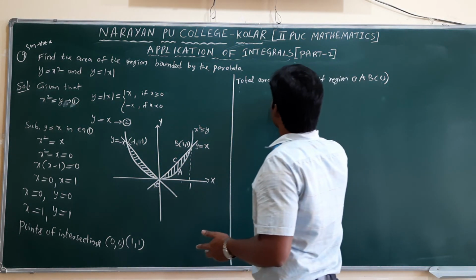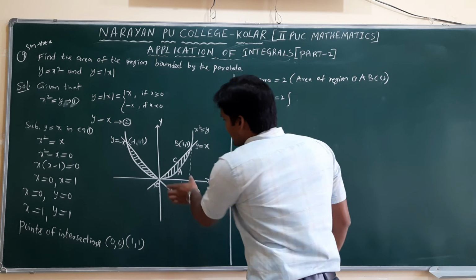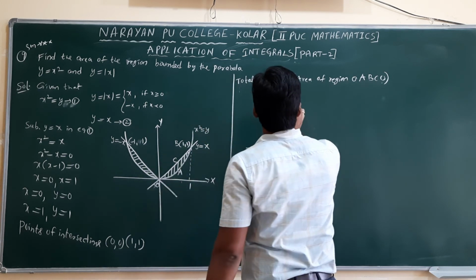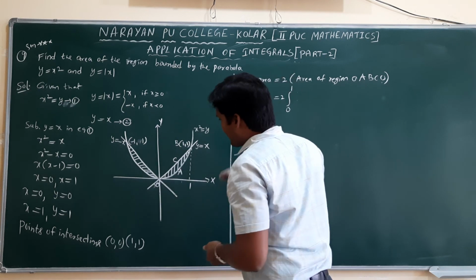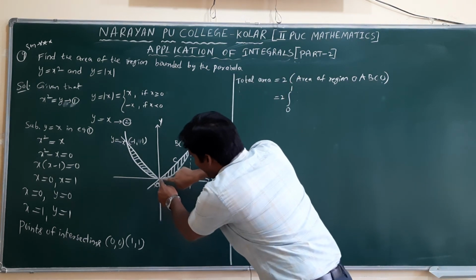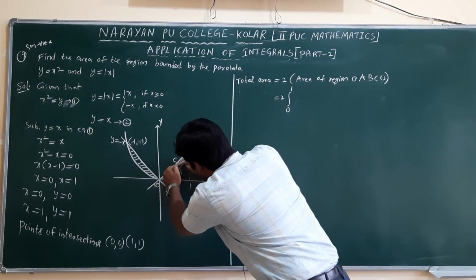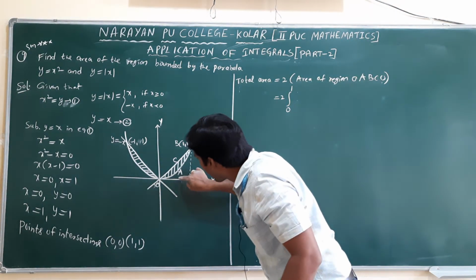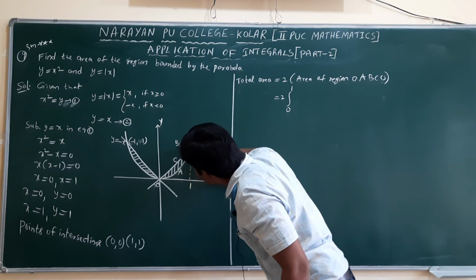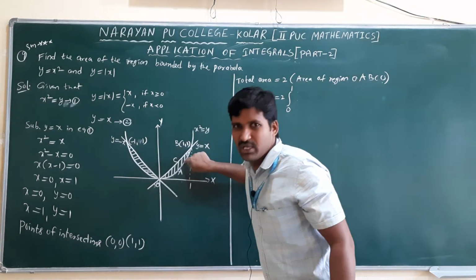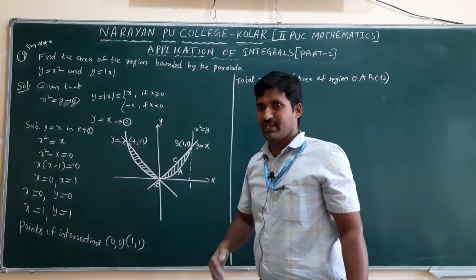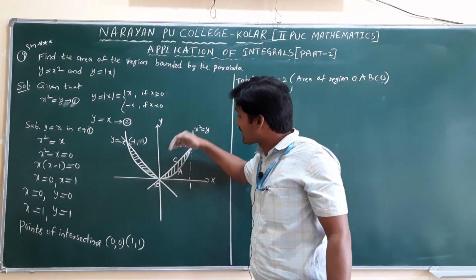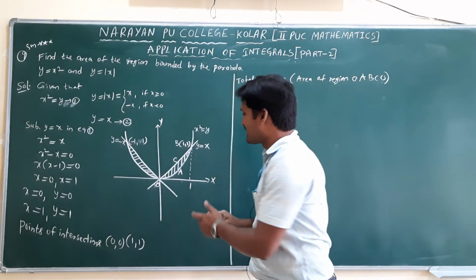That's why I am taking it like that. 2 into, for this region, lower limit is 0, upper limit is 1. 0 to 1. But here, if you take only the line, this complete region below the line will come, but we don't want this part. We need only up to this. The part below is the curve. If you remove the curve from the line from 0 to 1, you will get the required area, only this region.